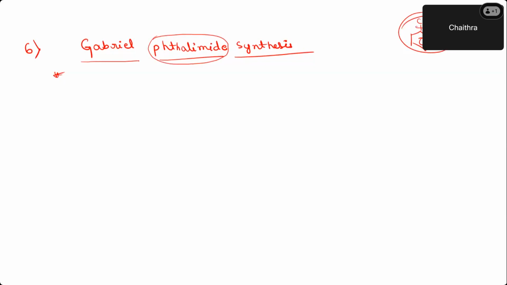So let me take the amide part of this. I'm taking phthalimide. So write the benzene ring, and you have imide. Imide is nothing but carbon which is attached to nitrogen. And you have a nitrogen with a lone pair of electrons, right? So this is the starting material.